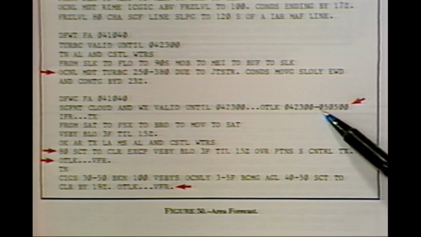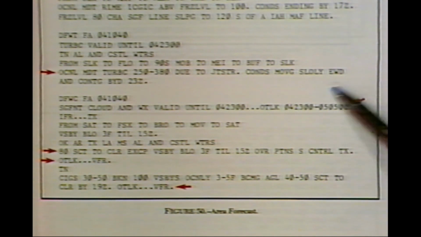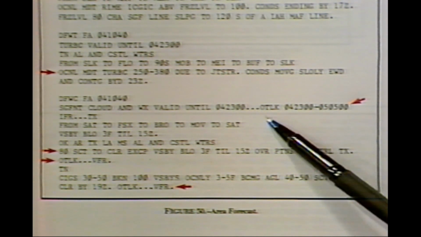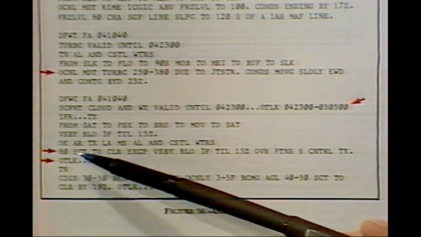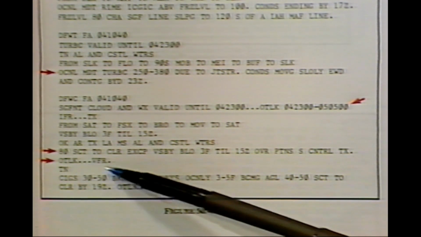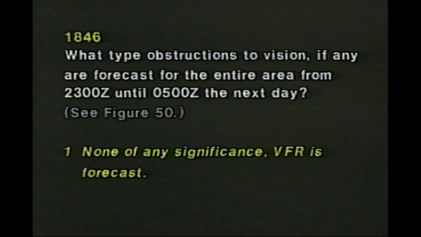From 2300 to on the 05, the 5th of the month, at 0500, that is the categorical outlook where it says outlook. So we're looking for something in the body then down here that has outlook, and we see right here it says outlook VFR, also outlook VFR. So it's answer 1, none of any significance. VFR is forecast. Question 847.